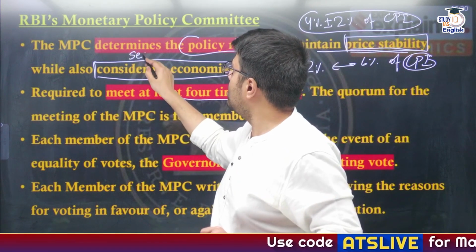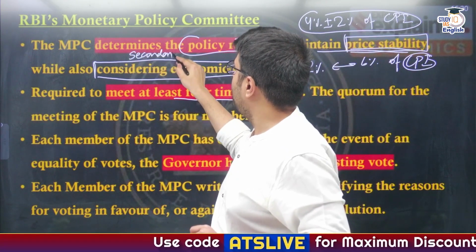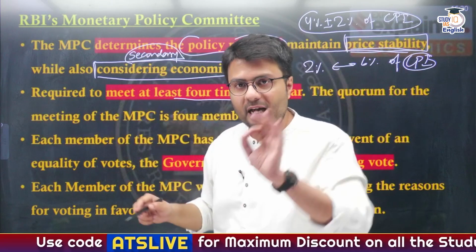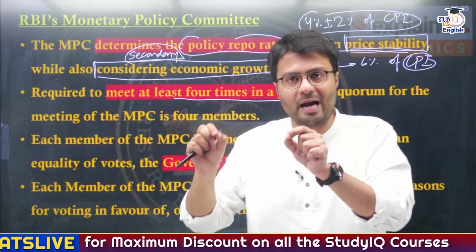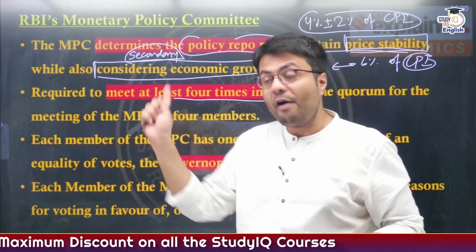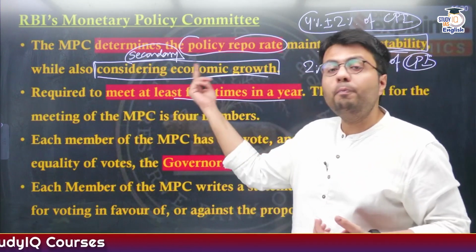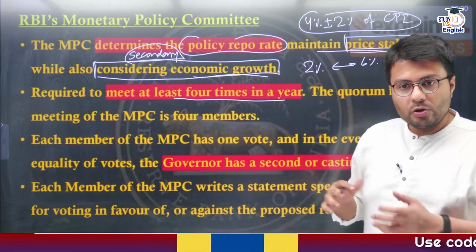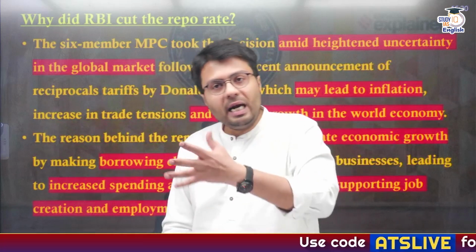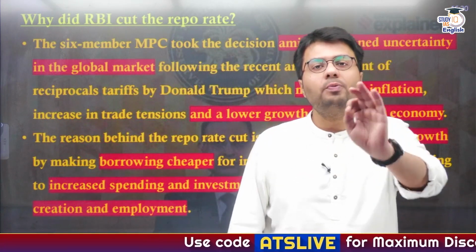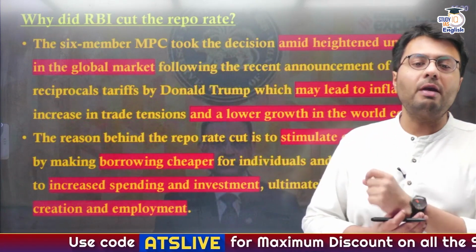So this is the secondary objective of the Monetary Policy Committee: first it has to target and control inflation, and after that it can consider many circumstances and many moves in order to promote the economy. So understand. Now let us move to the reasons why RBI actually cut the repo rate.